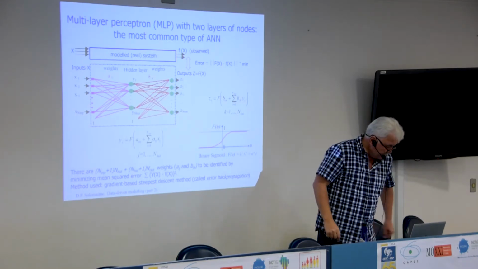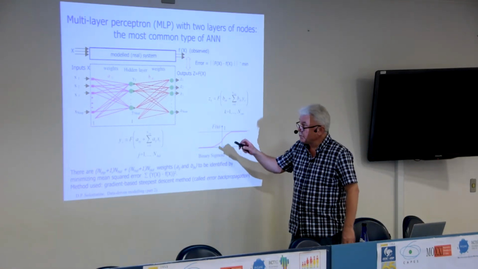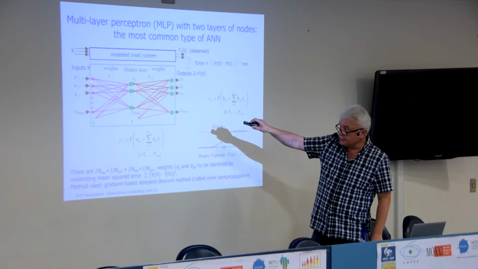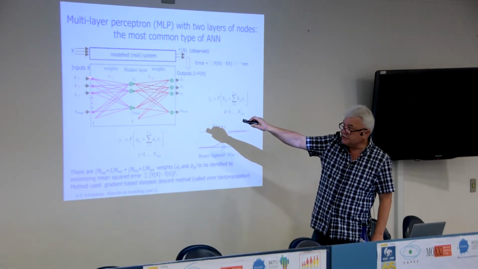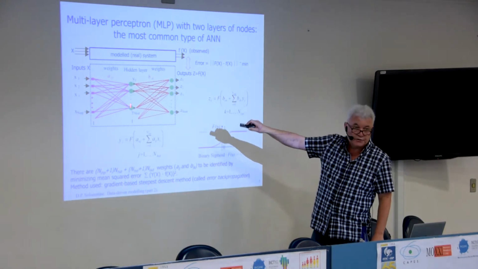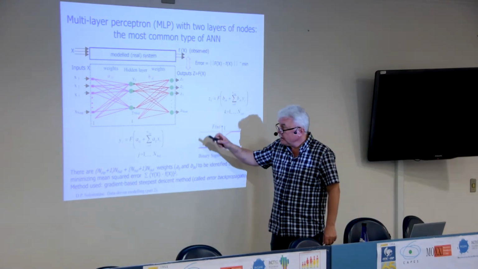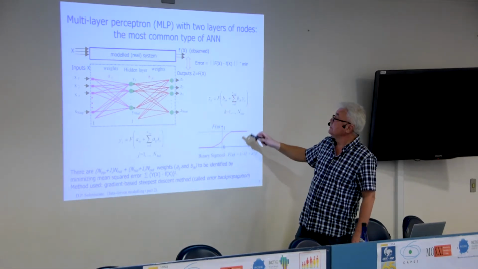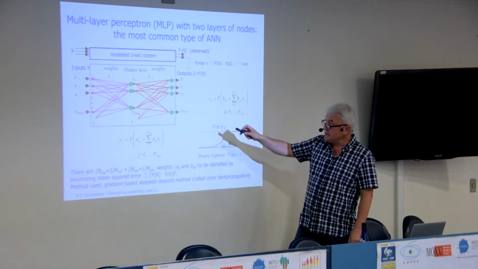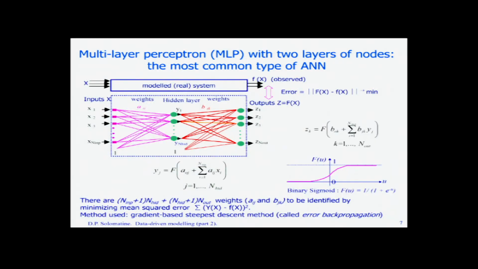So let's look at the detail of this neural network. This is also called the input layer, but there is nothing happening here. We simply distribute the values of inputs across several neurons here. These neurons and this are similar. They look like this. It's a linear regression equation here. You see this?